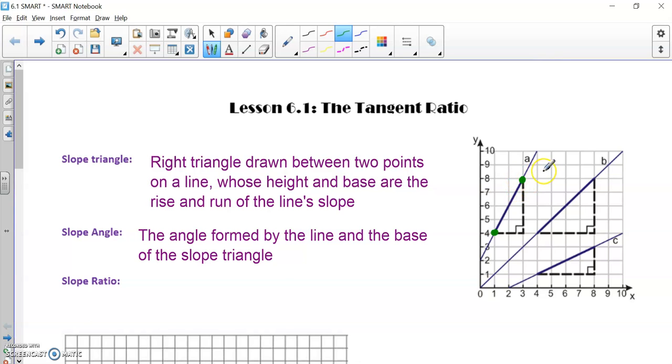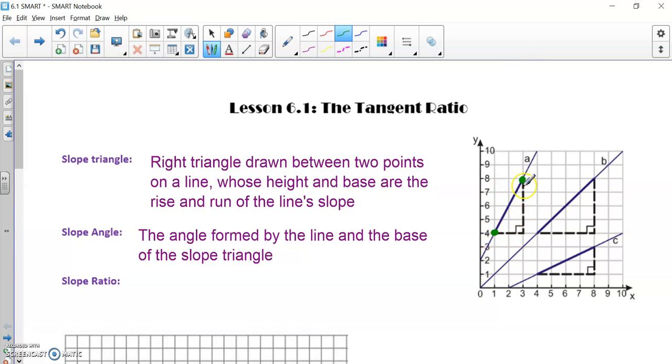You can make slope triangles bigger or smaller, between any solid points, but the angle and the ratio will stay the same. We'll talk about that in just a bit. These are your examples of slope triangles.